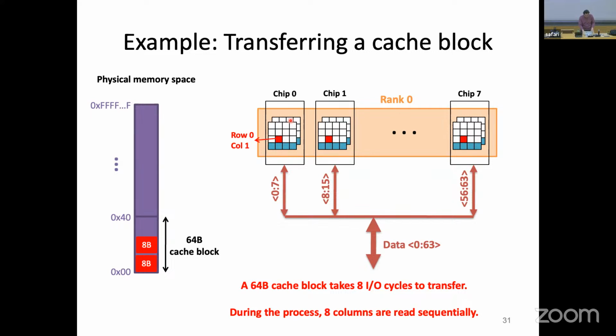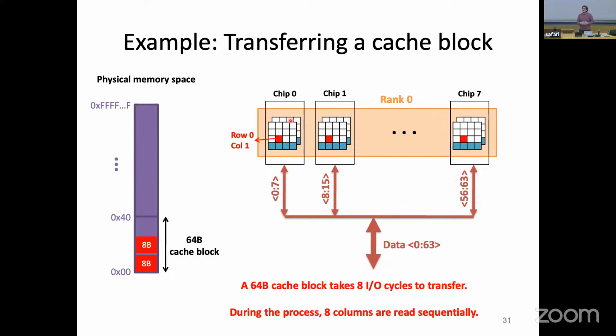But why don't you send one read command for each 8-byte transfer? If you had that, you would be utilizing the command bus too much. Because we expect to transfer data in cache block granularity, you don't really need reads that would get you 8 bytes only. You can have one read and receive 64 bytes.